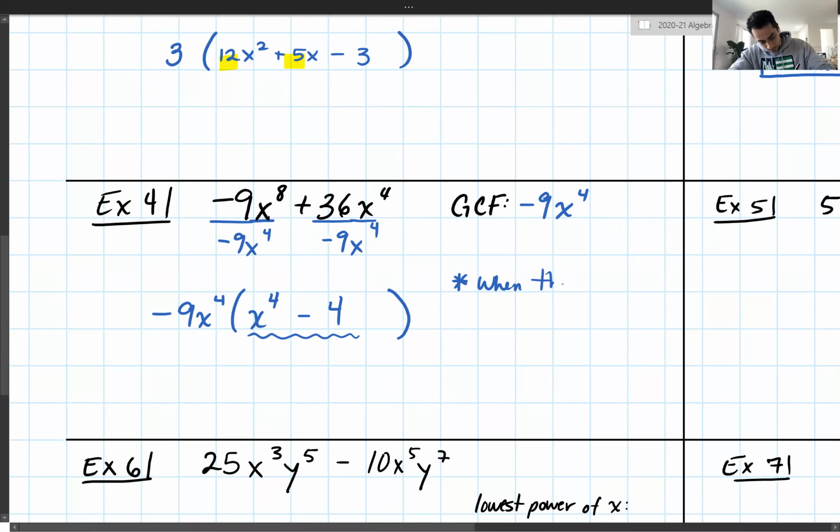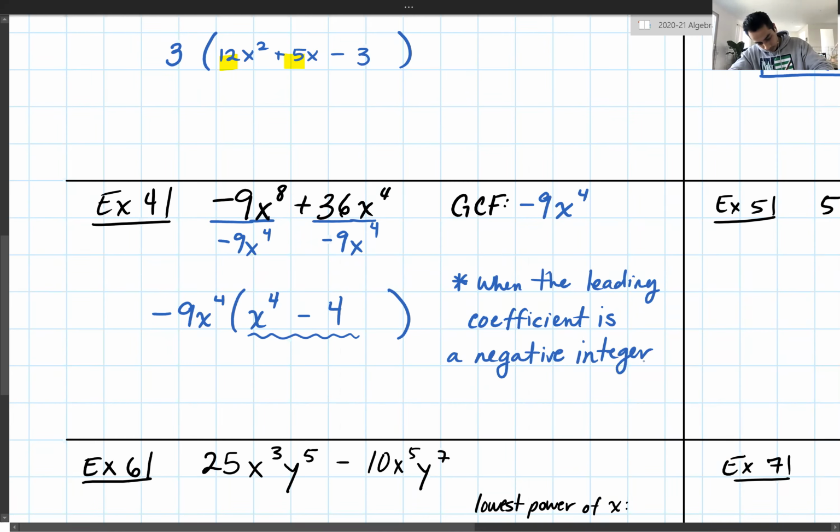when the leading coefficient is negative, or when it's a negative integer, factor out a negative.